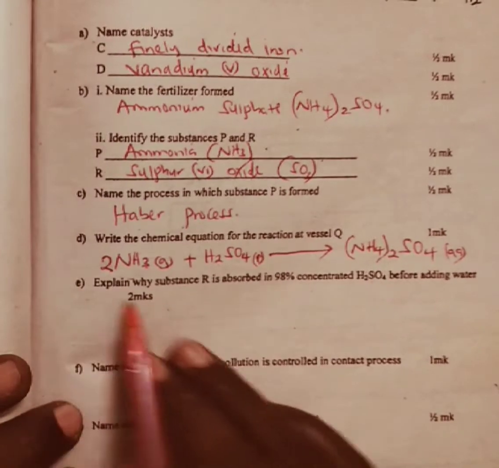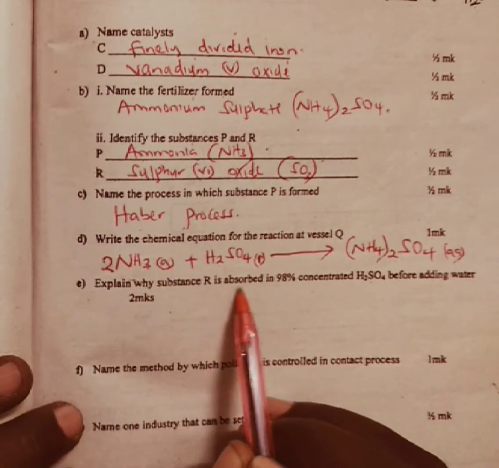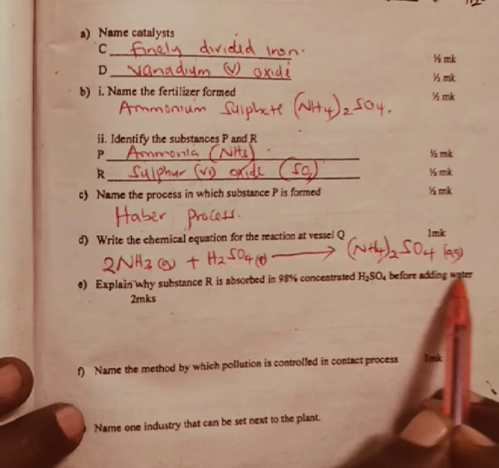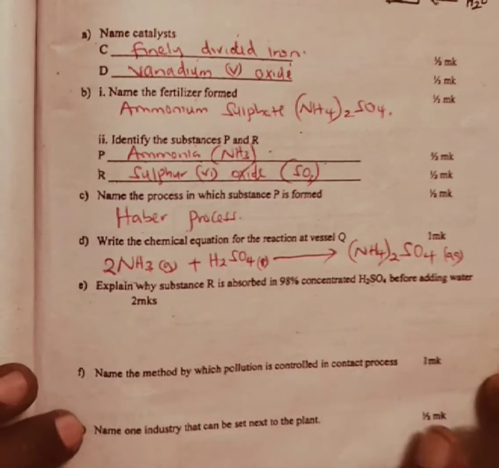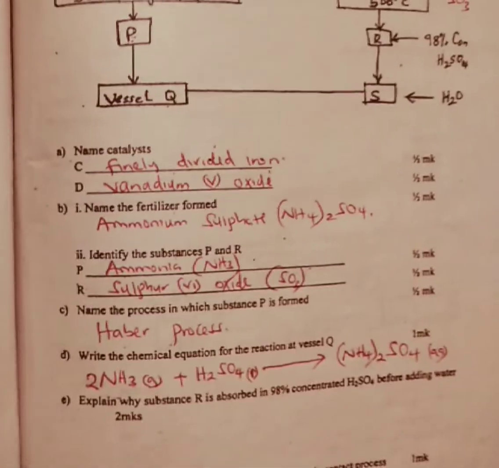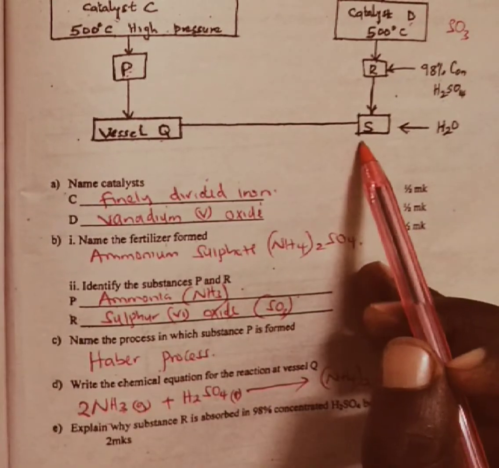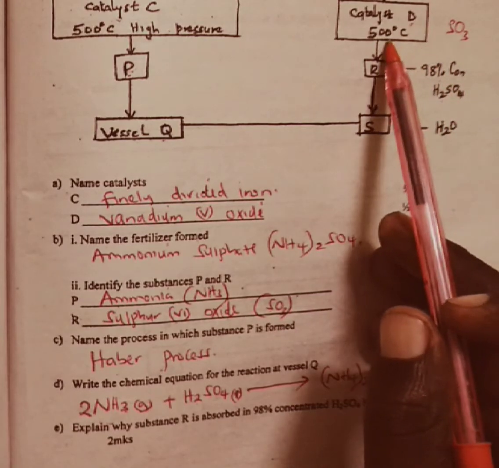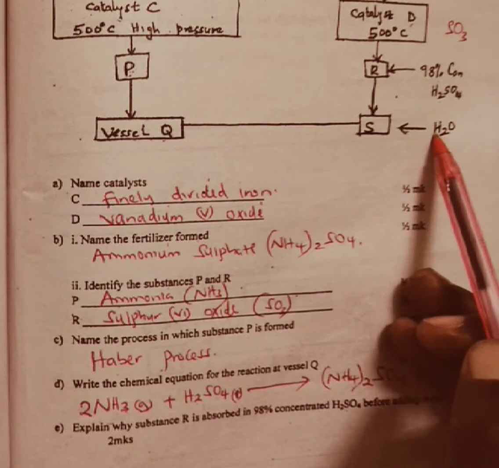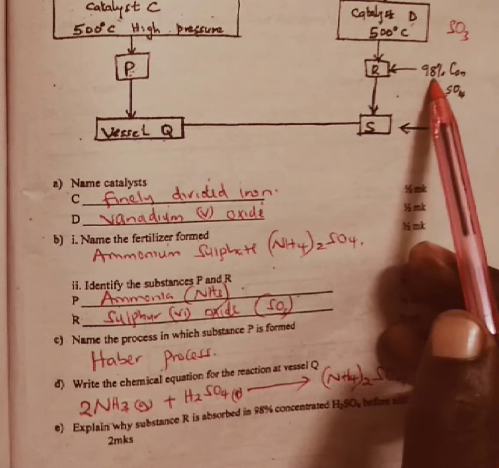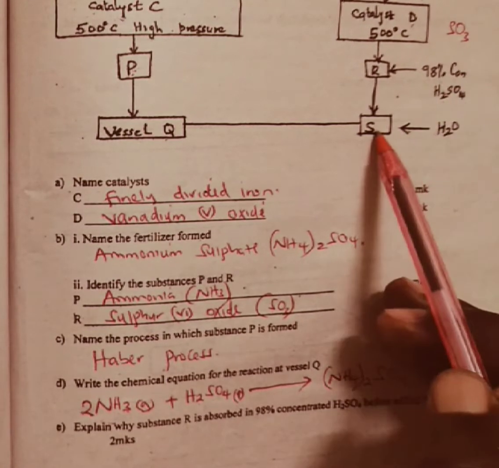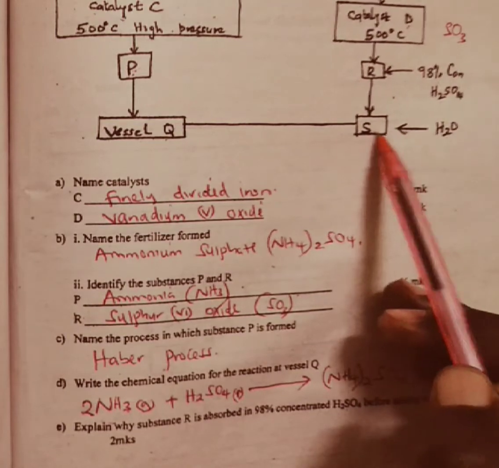So the question we have is that explain why substance R is absorbed in 98% concentrated sulfuric acid before adding water. What it means is that in the preparation of concentrated sulfuric acid, sulfur 6 oxide cannot be dissolved directly in water, but instead it is dissolved in 98% concentrated sulfuric acid instead of being diluted with water directly.